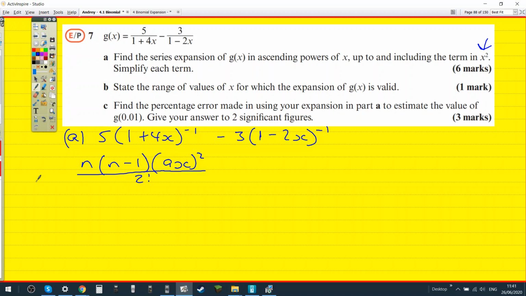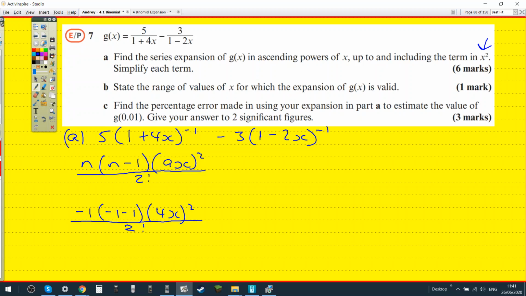Shall I just do it with 1 and 4x and minus 1? Yeah. So will that be minus 1 times minus 1 times 4x squared over 2 factorial?